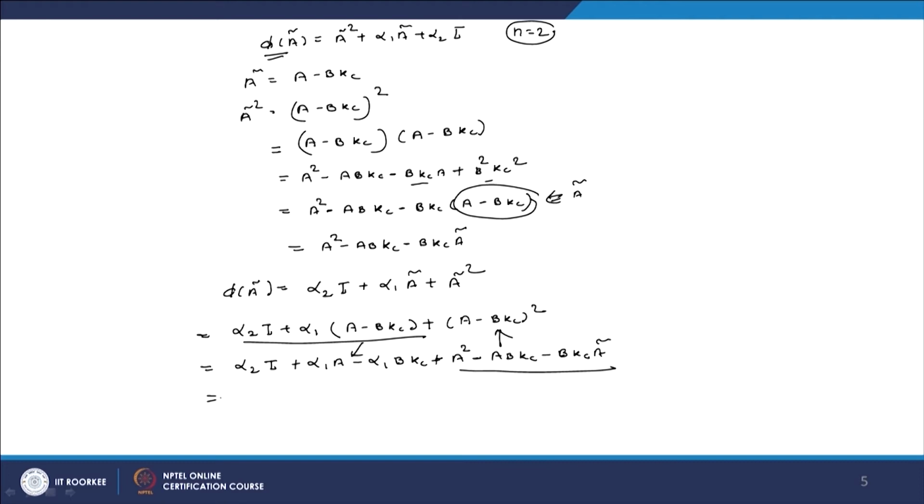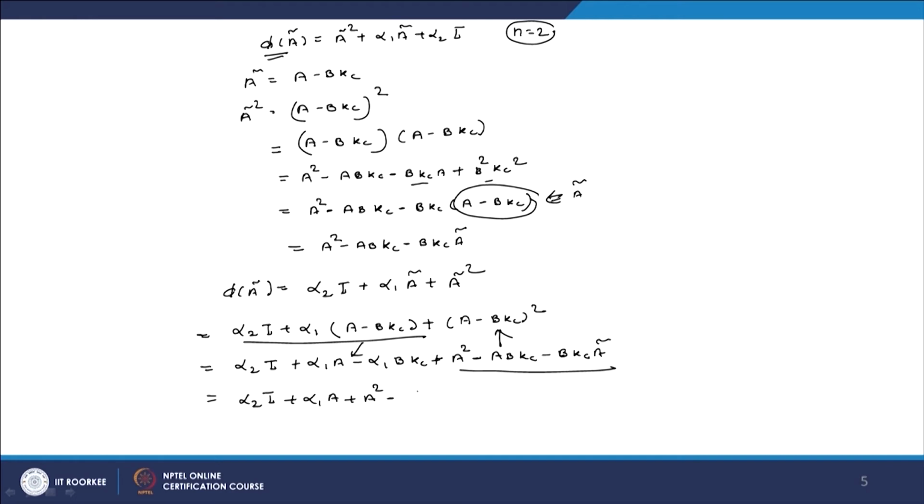So, we will get alpha 2 into I plus alpha 1 into a. Now, what we are doing, the terms concerned with the a we have taken on one side, particularly we have taken alpha 2 I, alpha 1 a plus a square.